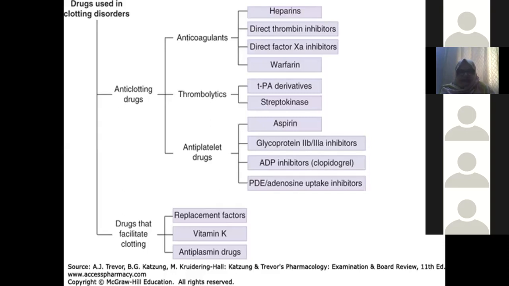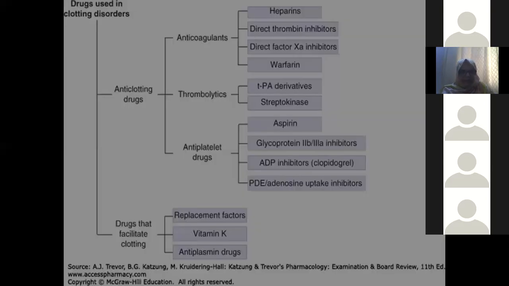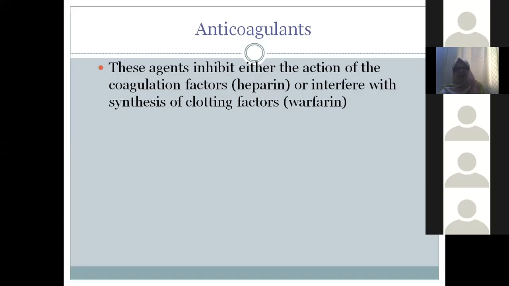We have discussed earlier that the anti-clotting drugs are divided into three broad categories. One is anticoagulant, second is thrombolytics or fibrinolytics that break down the fibrin or thrombus, and antiplatelet drugs that inhibit platelet aggregation, right? And anticoagulants prevent the formation of blood clots, or if a clot is already formed, they degrade it.